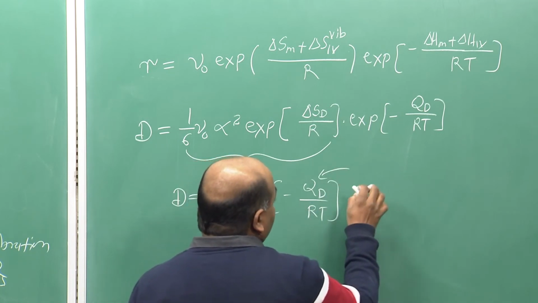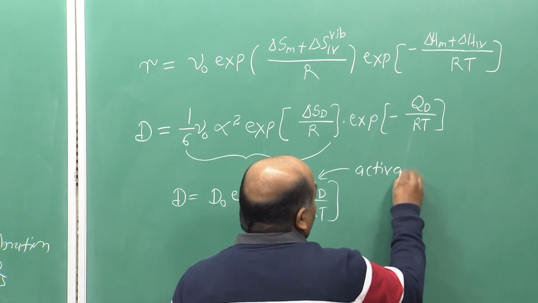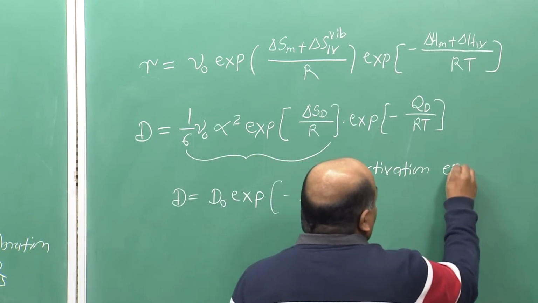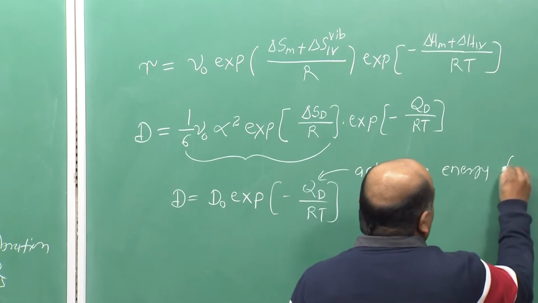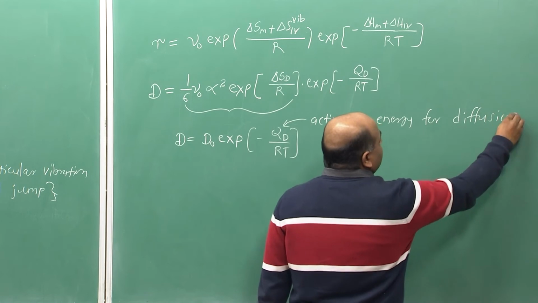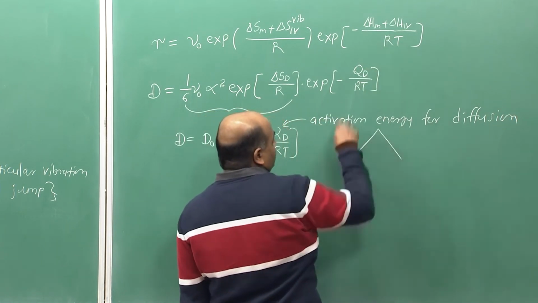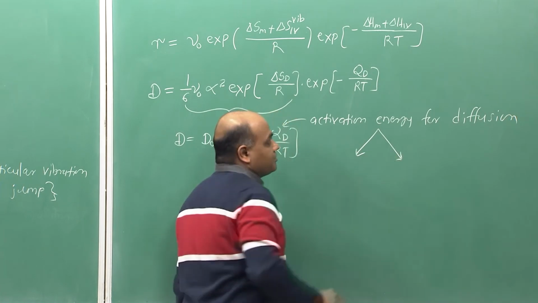Qd is called the activation energy for diffusion, and from here we know that it has two contributions.